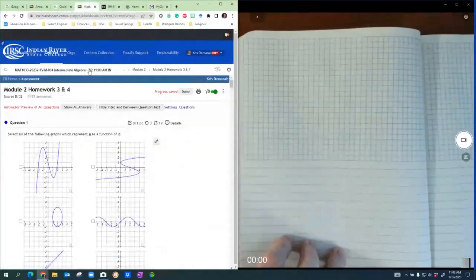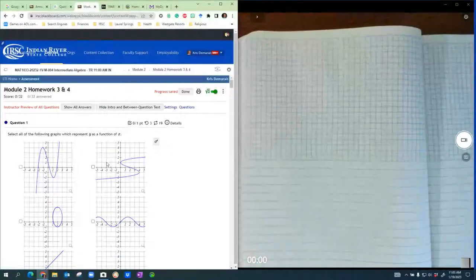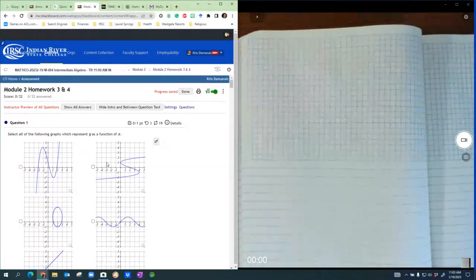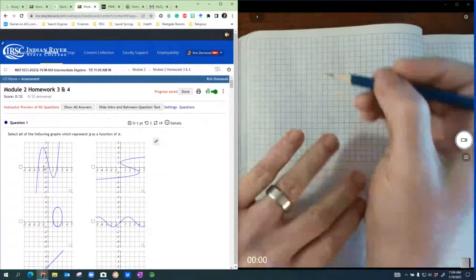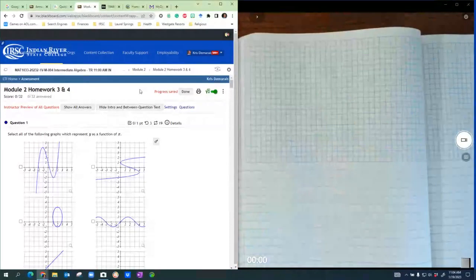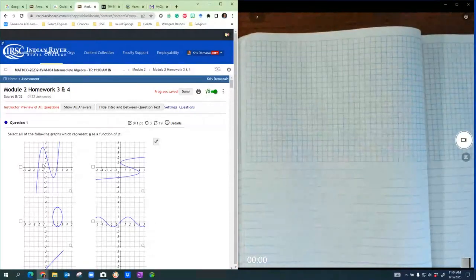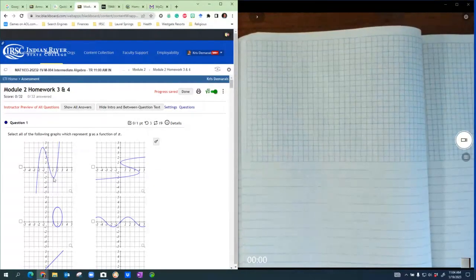Now when it comes down to functions, functions are functions when there's a one-to-one relation. That means for every single input, there's only one unique output. If I look at this particular equation, it's got a line going up and down like this.